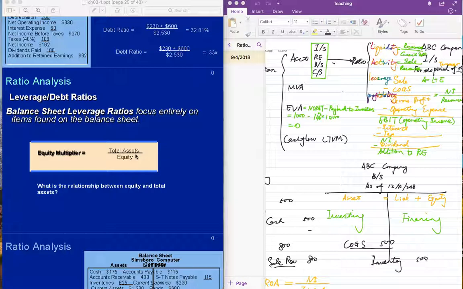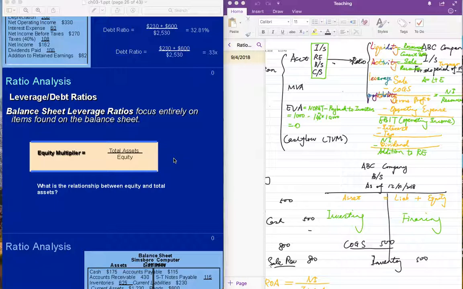But in most cases, total assets will be greater than total equity, simply because most firms keep a mixture of debt and equity to finance their assets. So the equity multiplier always gives us a number greater than or equal to 1. When assets just equals equity, the multiplier will be 1. When assets is greater than equity, the multiplier will be greater than 1.